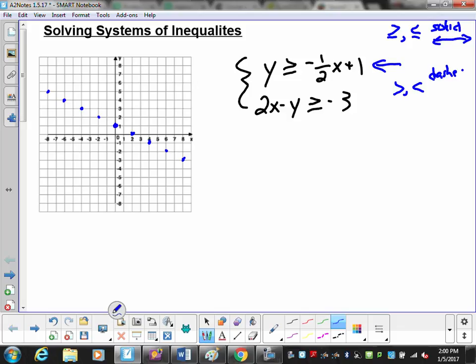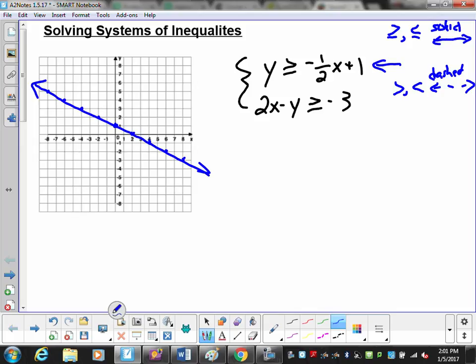So your line looks more like this. So that little equal to symbol underneath it tells me whether or not it's a solid line or not. Okay. So since this has the greater than or equal to, it will be a solid line. So my line should look something like that right there.